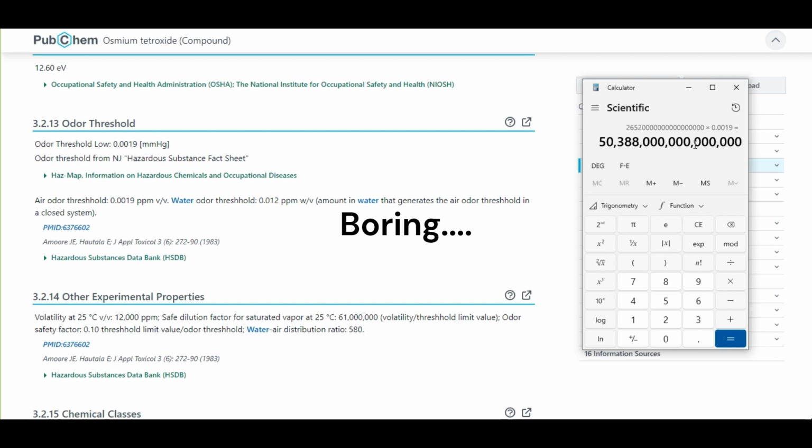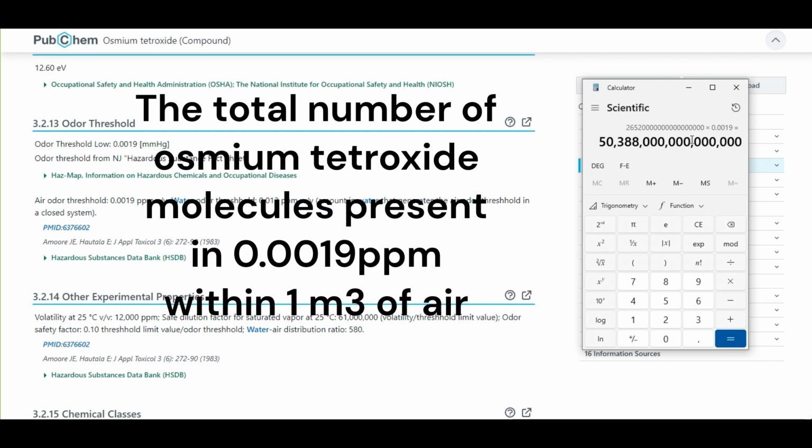That's not how many parts per million, that's how many particles there are in total.